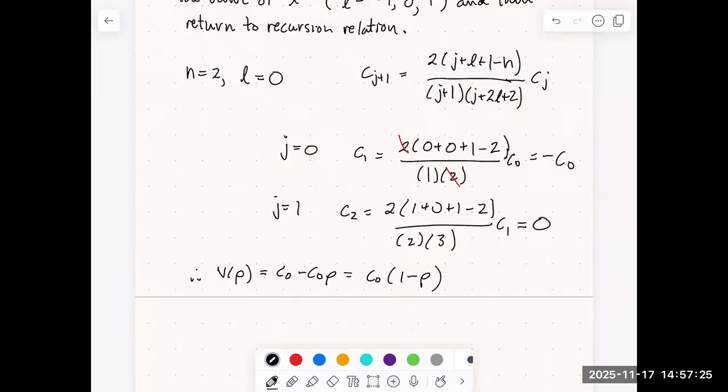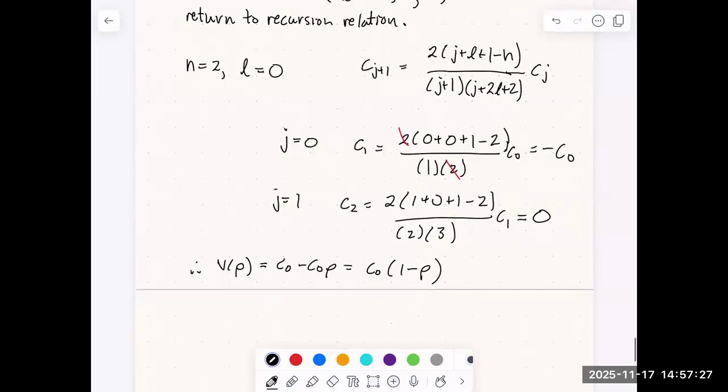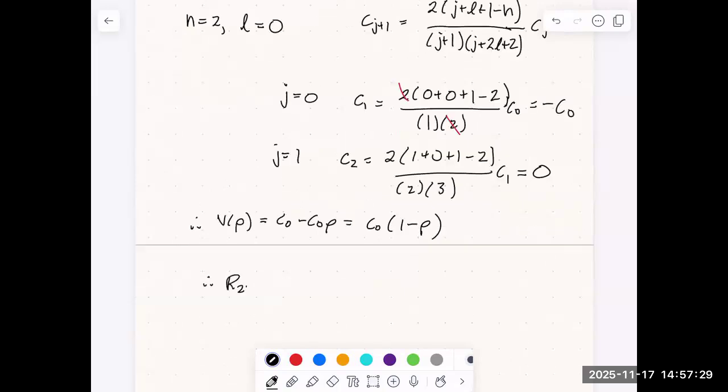Okay, and so then we could say, well, therefore, R20 of R is going to be 1 over R, rho, e to the minus rho, and then our V power series is C0 times 1 minus rho, and rho is equal to R over n times A, n equals 2.